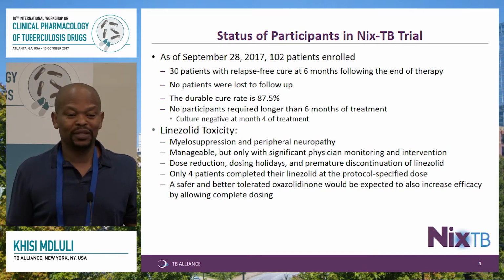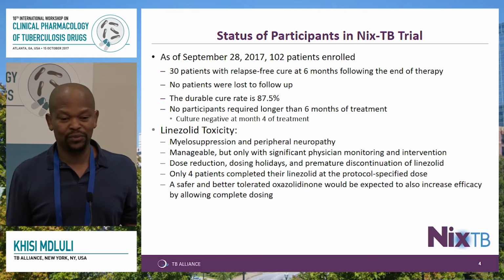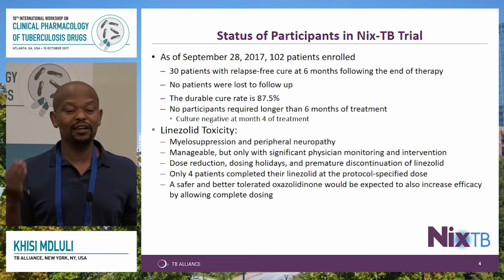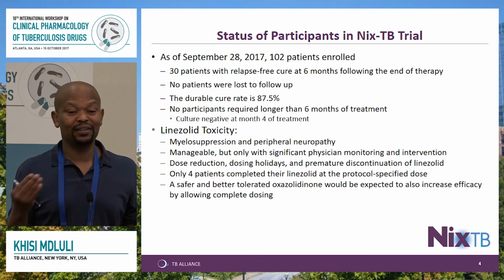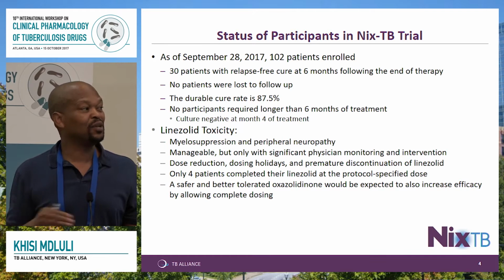It was manageable within the trial, but with significant monitoring by the physicians. They had to intervene at some point. They had to reduce doses. They had to have dosing holidays for linezolid, and in some cases they had to prematurely discontinue therapy. Of the 100 patients already looked at, only 4 completed their linezolid therapy without any of these interruptions.